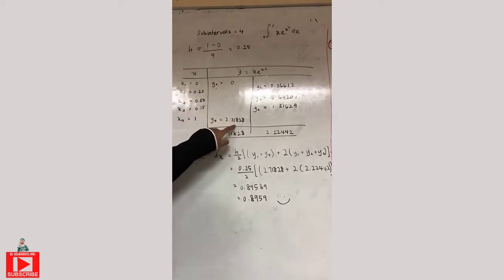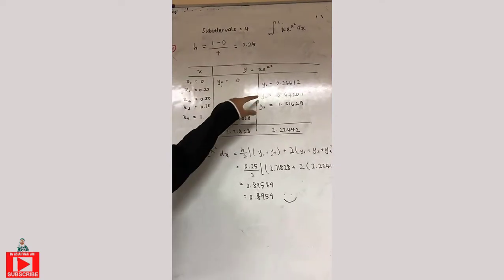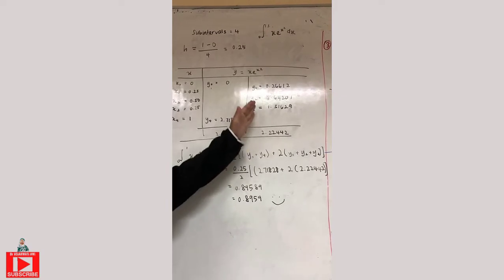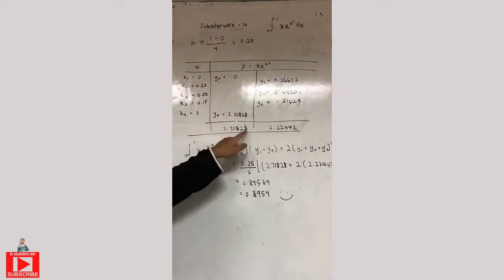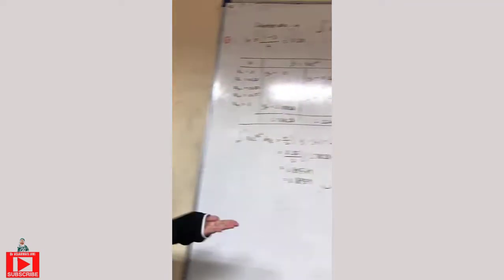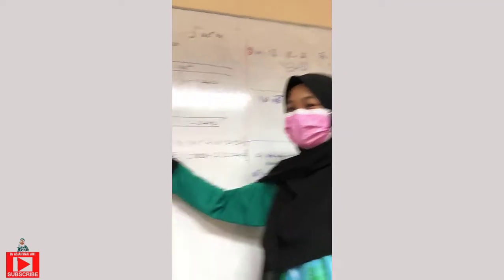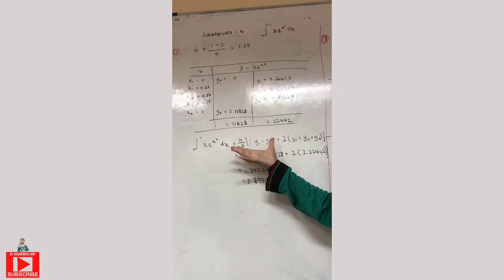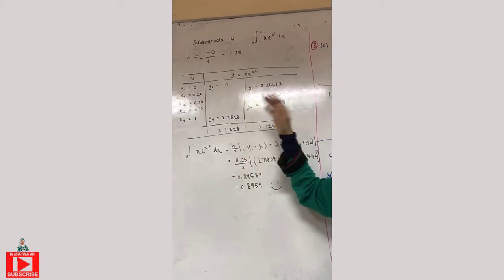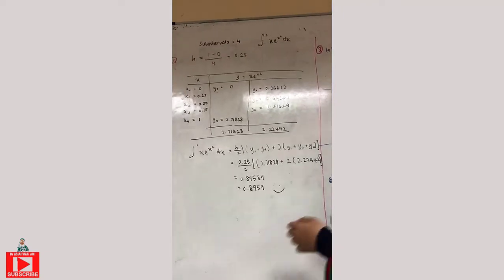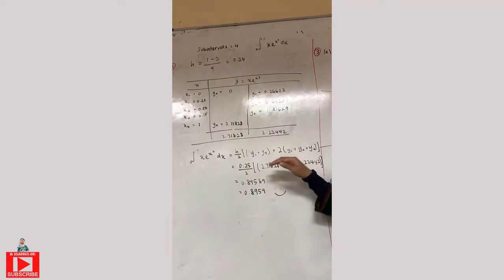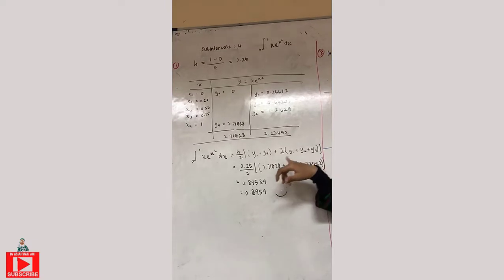So kita dapat y4, y1, y2, y3. So kita total this one dapat yang ni, total yang ni dapat yang ni. Lepas tu dia ada formula. So kita just substitute semua benda yang ada dalam table ni dalam kita punya formula.